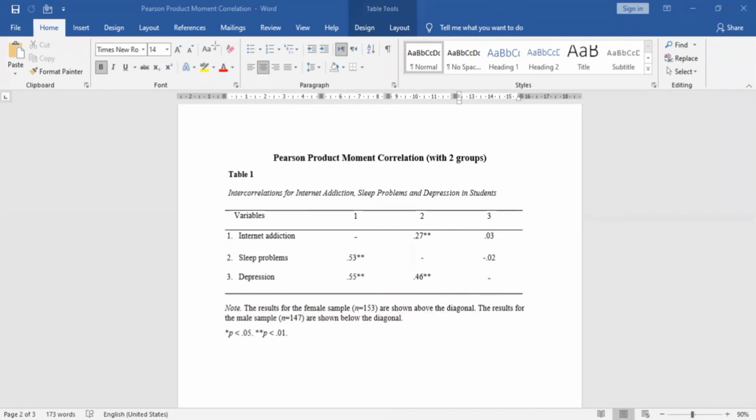In the below diagonal, we will give the correlations of the male sample, and we will also write this in the note.